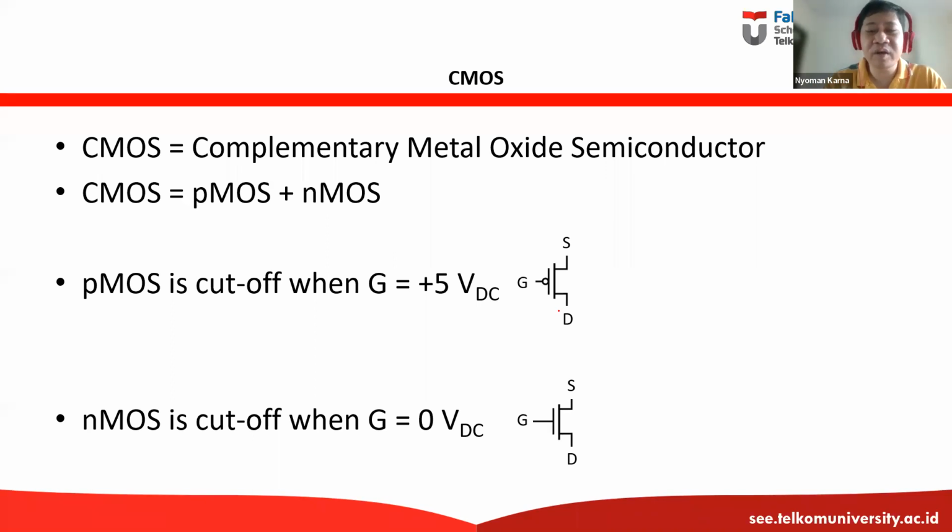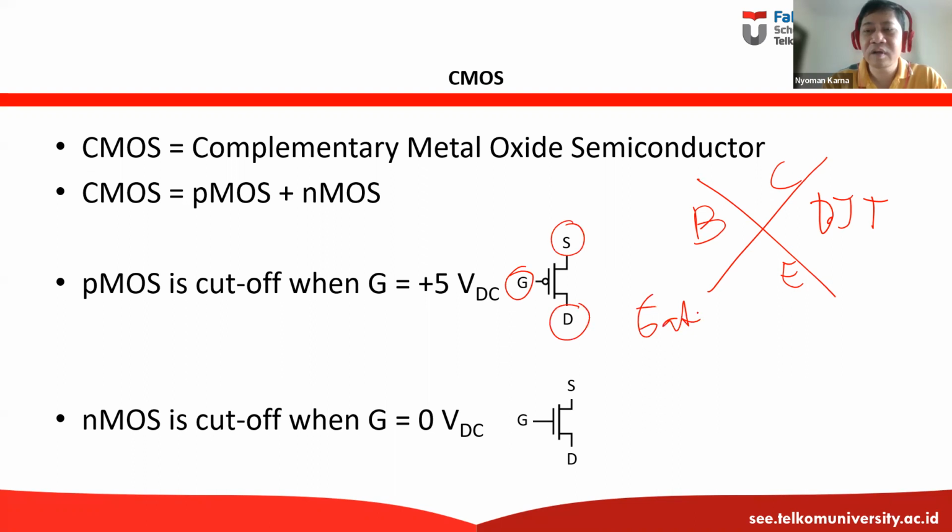In CMOS we cannot use B, so there is no base, collector, and emitter. That is for the BJT. In CMOS, we use gate, source, and drain.